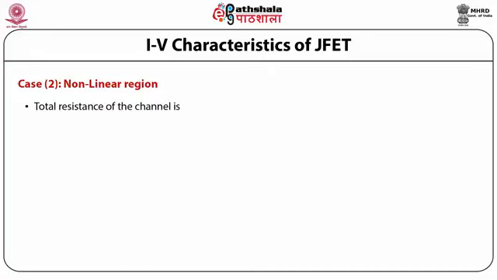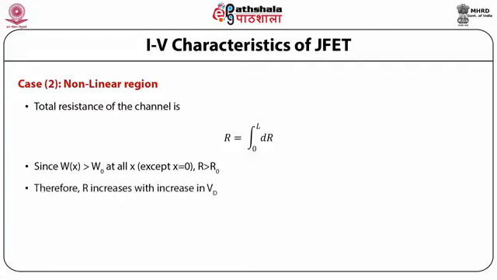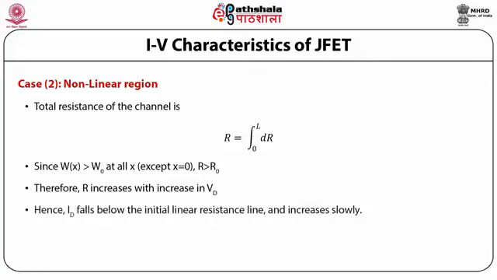Total resistance of the channel will be R equal to integral 0 to L dR. Since W is greater than W0 at all x except x equal to 0, R is greater than R0. Therefore, R increases with increase in Vd. Hence, Id falls below the initial linear resistance line and increases slowly.